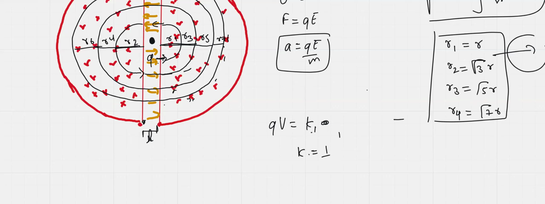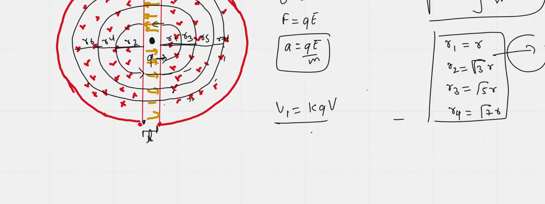So this is V1 square times some constant A. This constant is half m, or if it's 2 by m, I'm writing it as K itself. So V1 comes out as K q V.